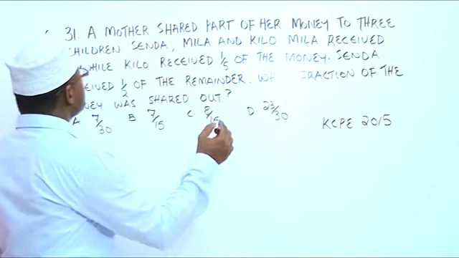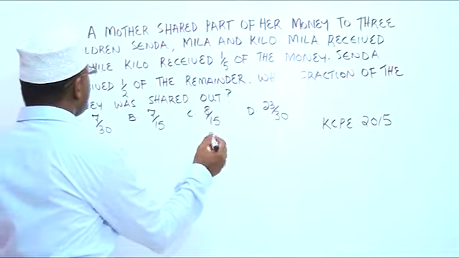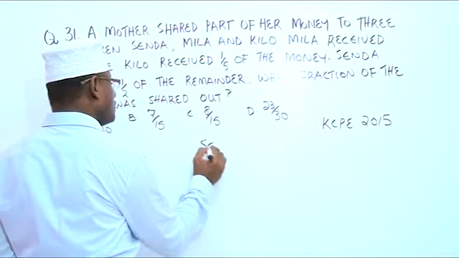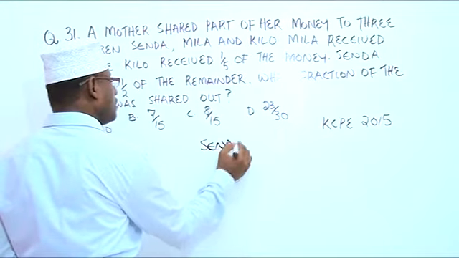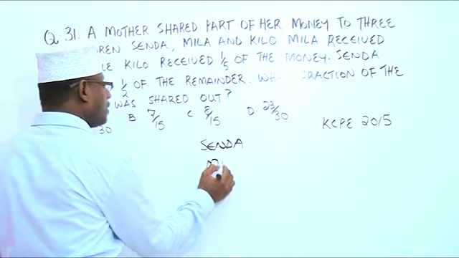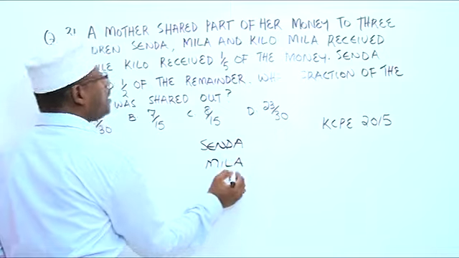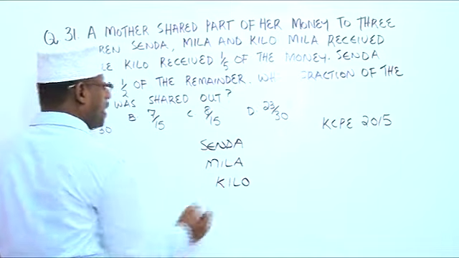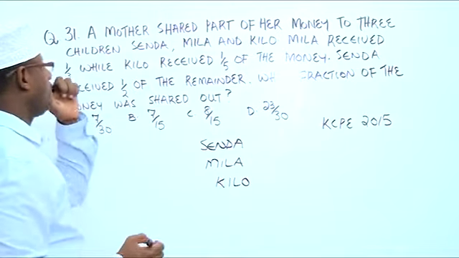So we have 3 children. Okay? We have Senda, Mila, and Kilo. Senda, Mila, and Kilo.